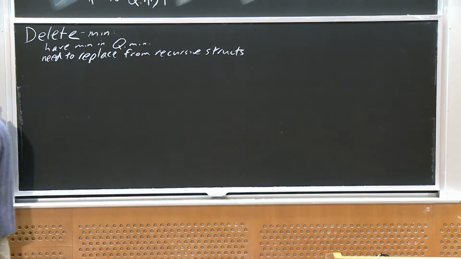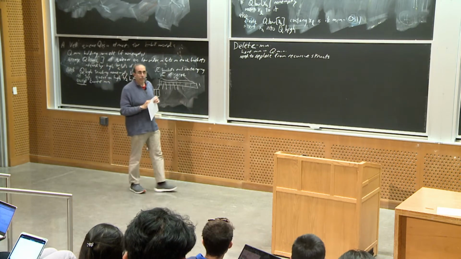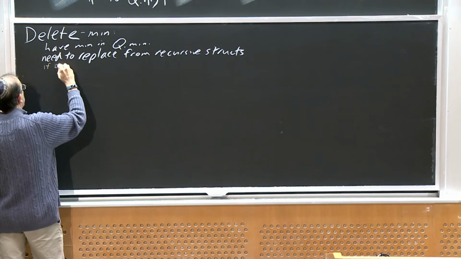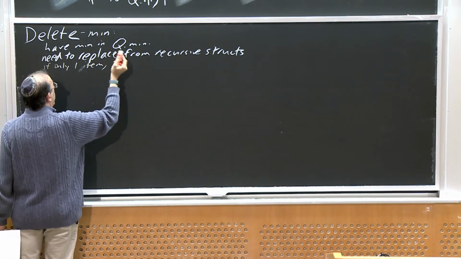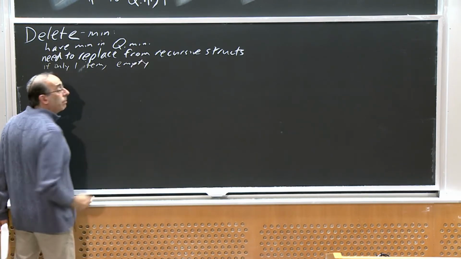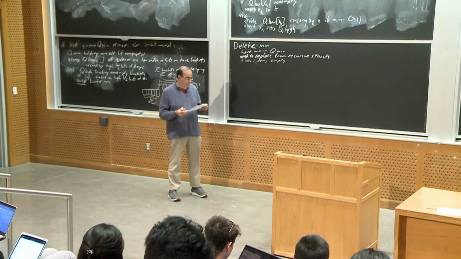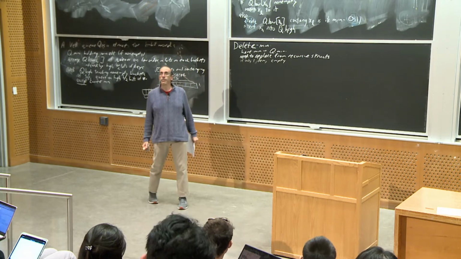So how do we determine what the new min is going to be? Well, let's take care of one easy case, right? If there's only one item, then the result is an empty queue, right? If the min is the only item, then we've emptied the queue. So let's assume that there's more than one item in the queue. Okay, so how do we figure out what the new min is?